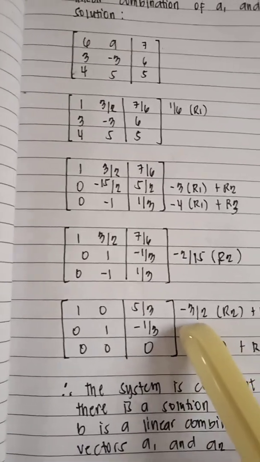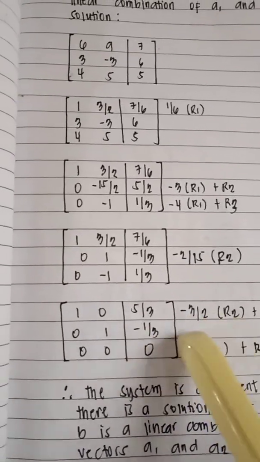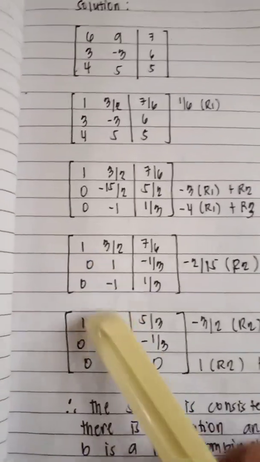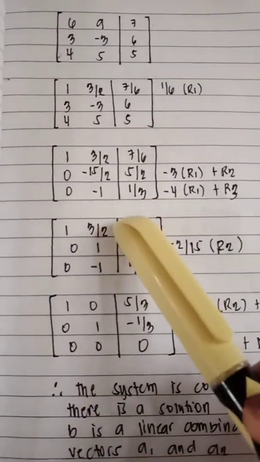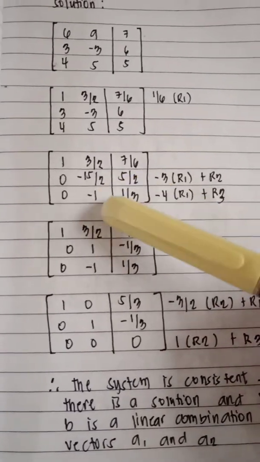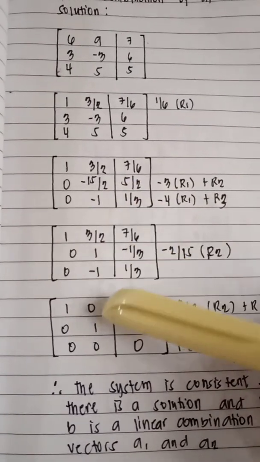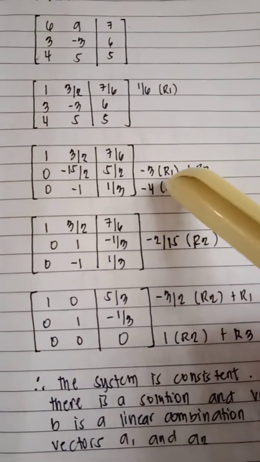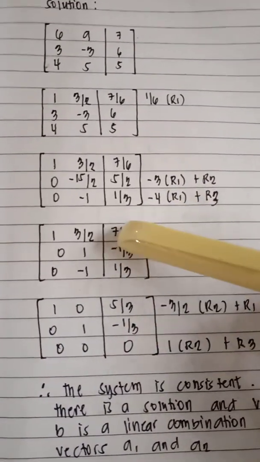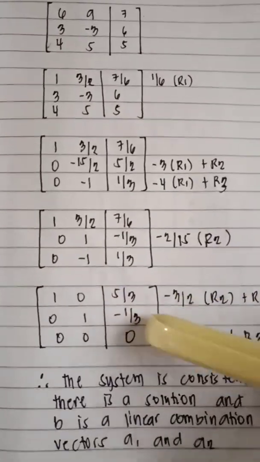So, negative 3 over 2 times 0 plus 1 is equals to 1. Negative 3 over 2 times 1 plus 3 over 2 is equals to 0. Negative 3 over 2 times negative 1 over 3 plus 7 over 6 equals to 5 over 3.